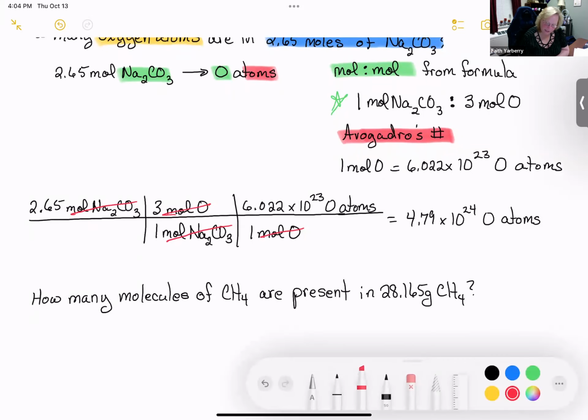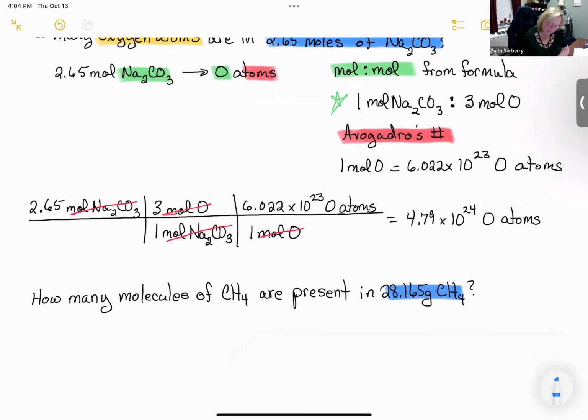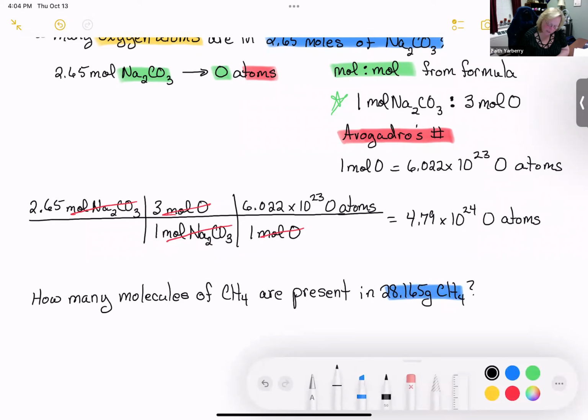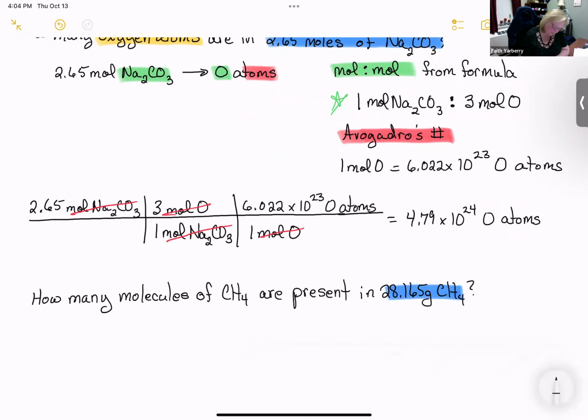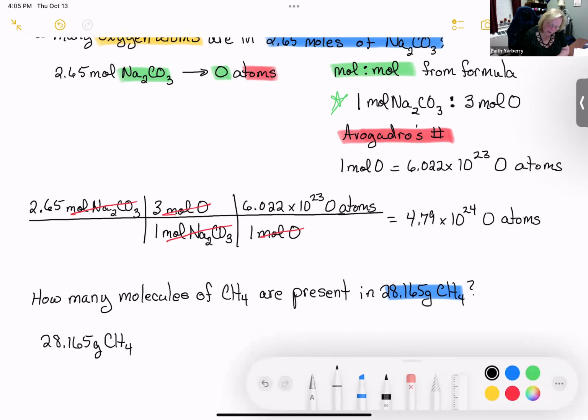So we start by identifying what we were given. We were given 28.165 grams of methane. We are then going to identify what we want to solve for.